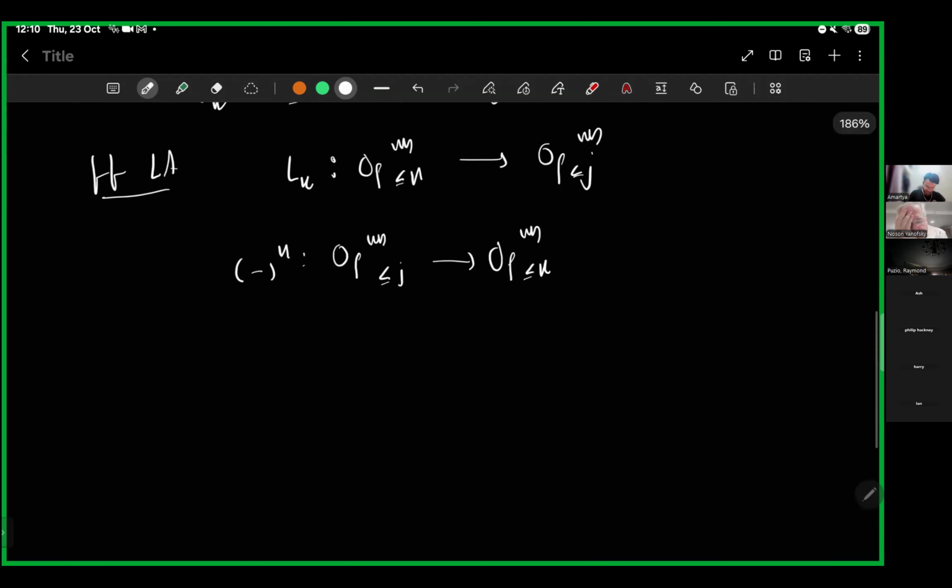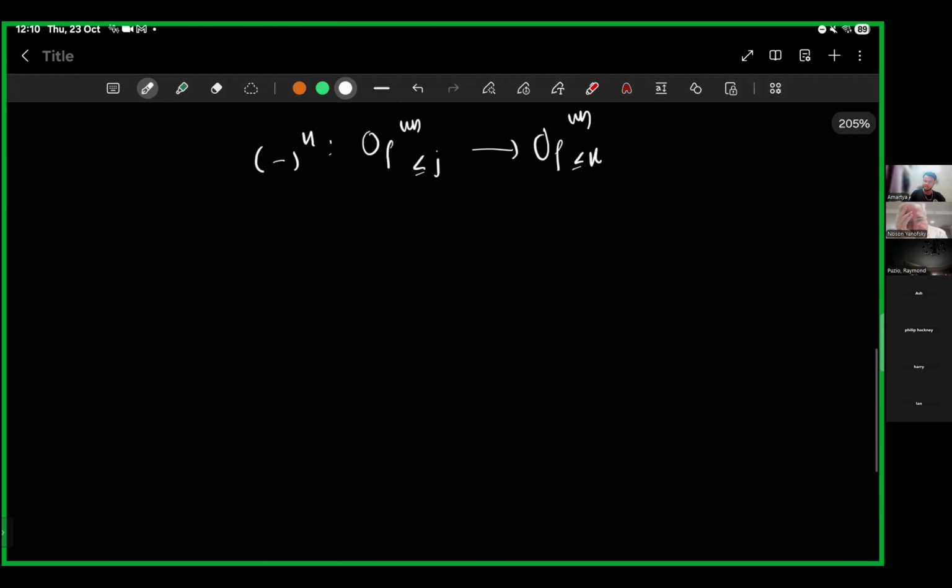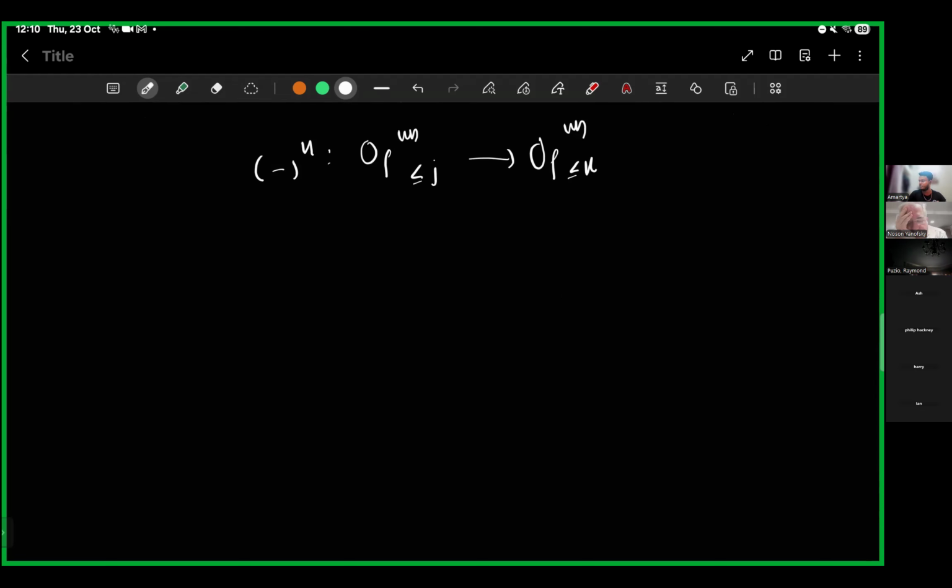First we'll state a few things. My goal here is to prove the statement for the left adjoint and only state the statement for the right adjoint, because it's way more involved.